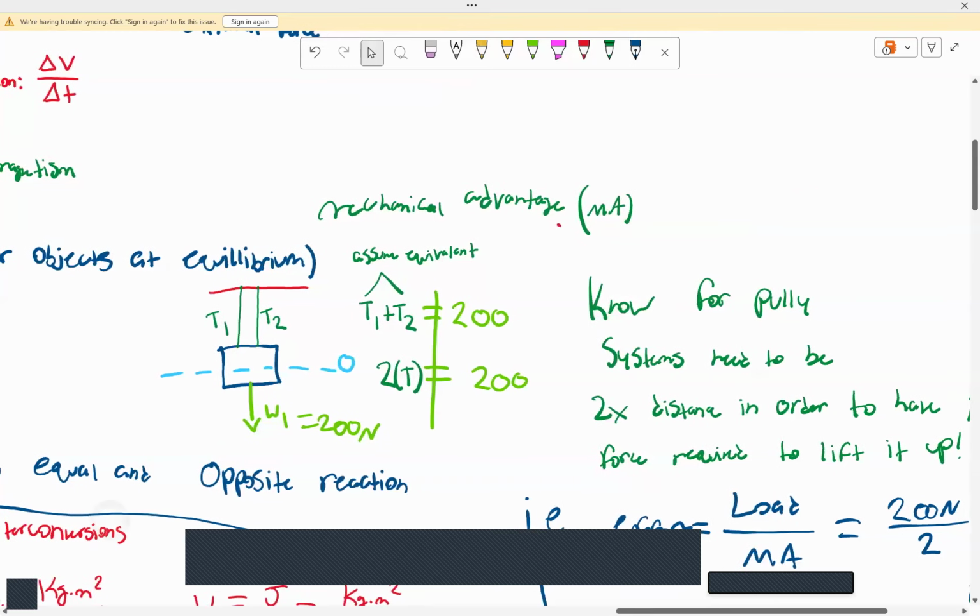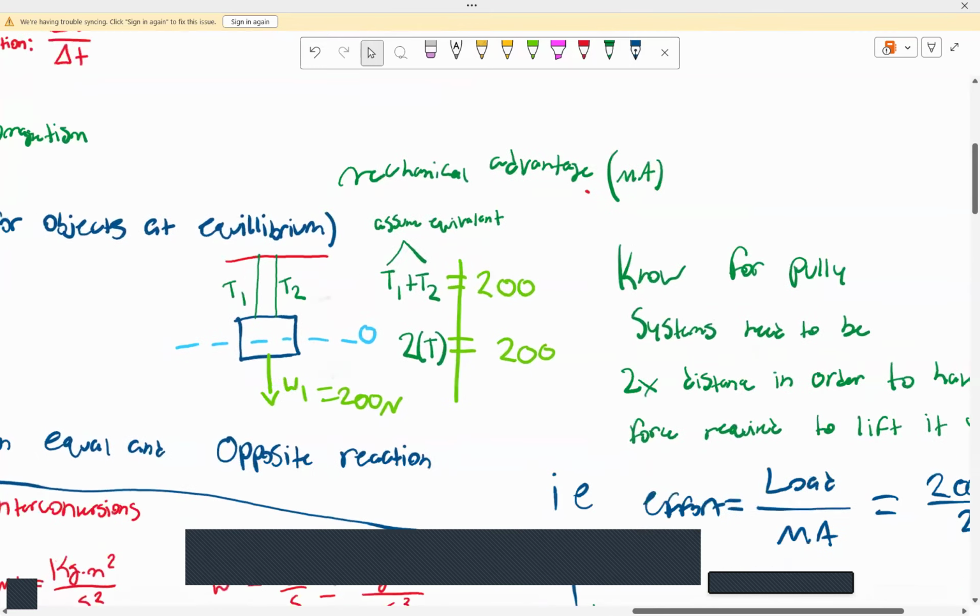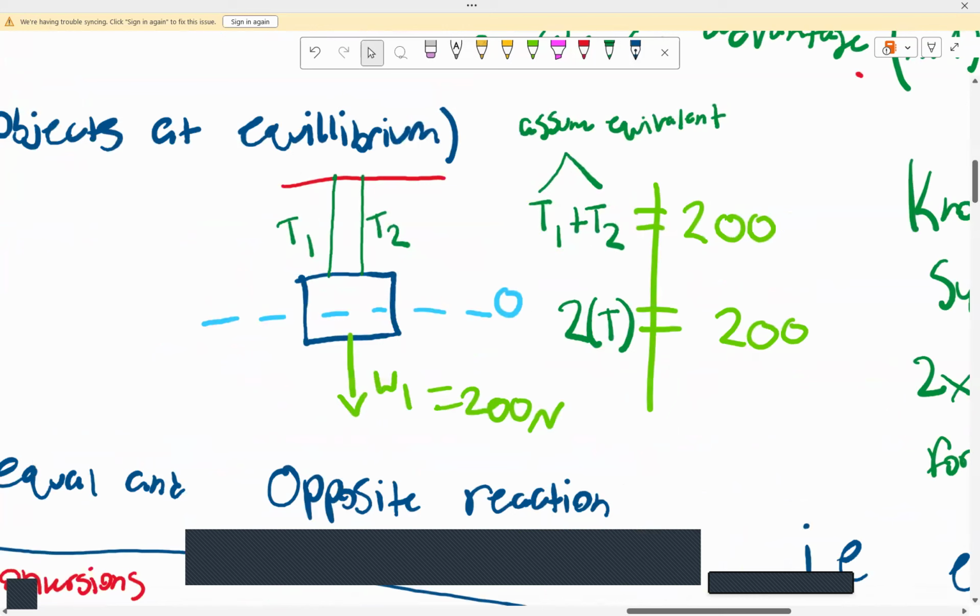So if I have two string lines, or two cords, let's say, T1 and T2, which will have tension in them because it's hanging from the ceiling, so upside down. And I have this equilibrium portion, where the forces are equivalent to each other. So my weight force is equal to 200 newtons.